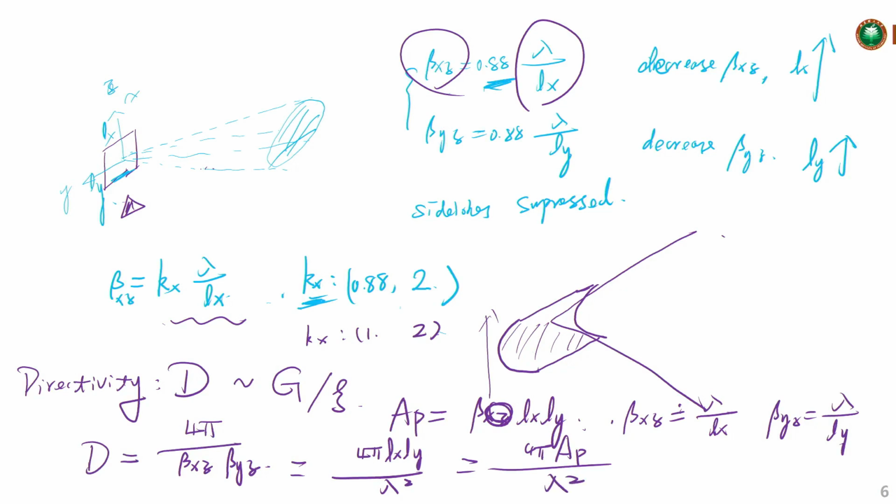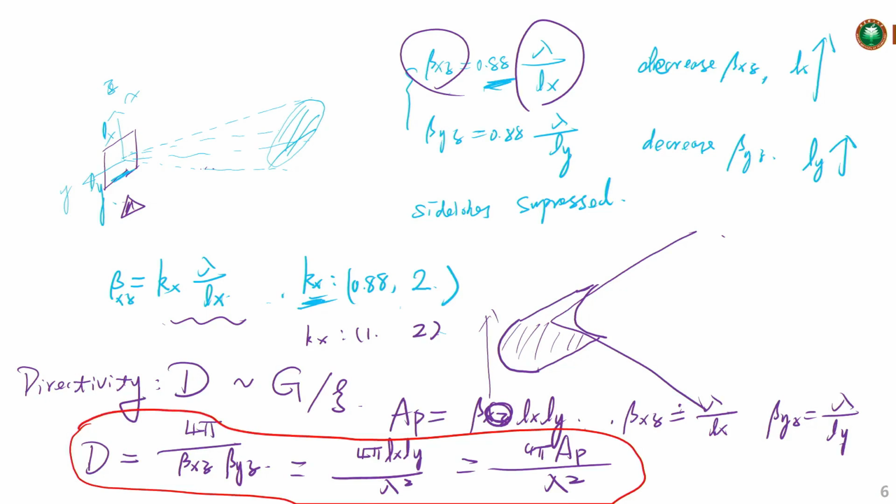That means when we know the dimension of the antenna and its operating frequency or wavelength, we can calculate the directivity, and then we can calculate its antenna gain. Also, if we know the dimension and the wavelength, we can calculate its beam width.